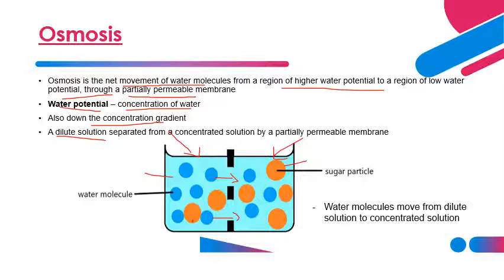The sugar particles might not be able to diffuse into the region of low concentration because they cannot fit through the permeable membrane pores. So only the water molecules are able to fit in, and through osmosis they travel from their region of high to their region of low concentration, down the concentration gradient.